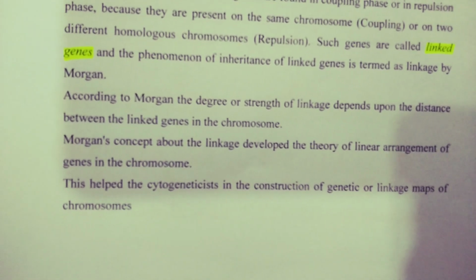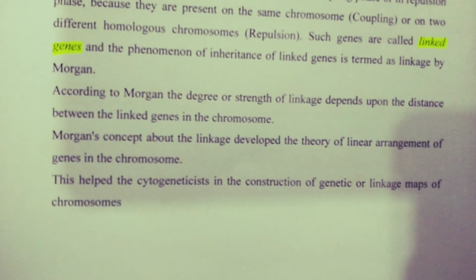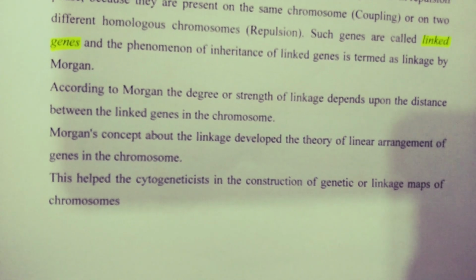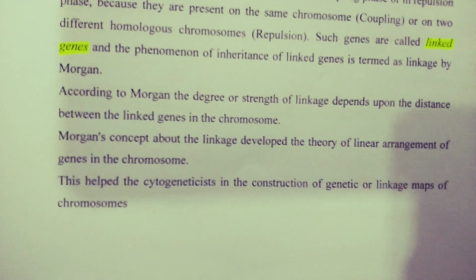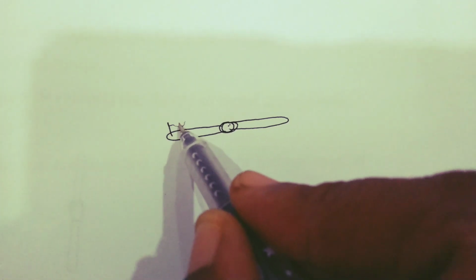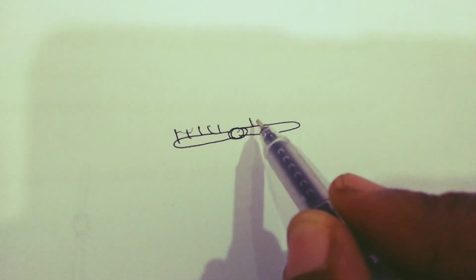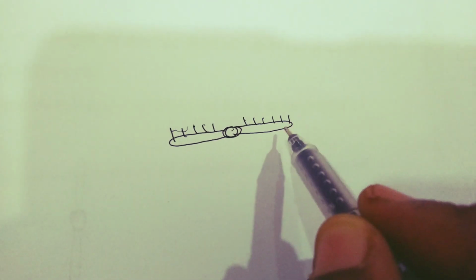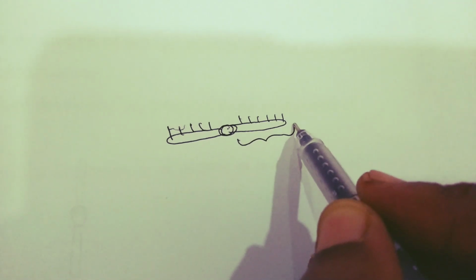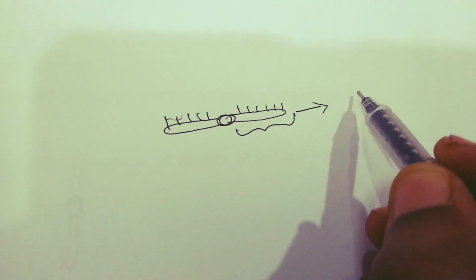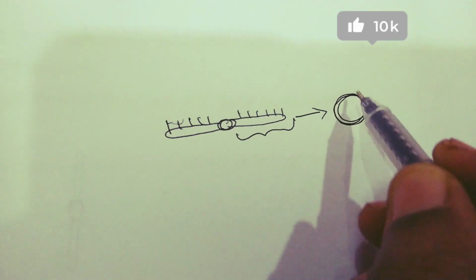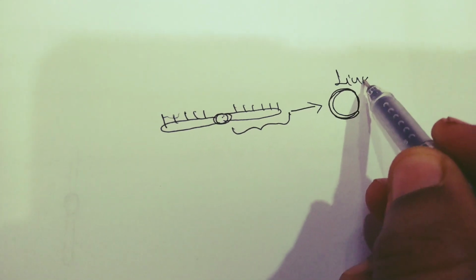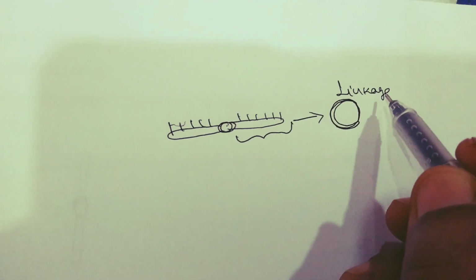According to Morgan, the degree or strength of linkage depends upon the distance between the linked genes in the chromosome. The genes present on a single chromosome do not tend to separate. They reach the gamete as they are, without change. This is the phenomenon called linkage.